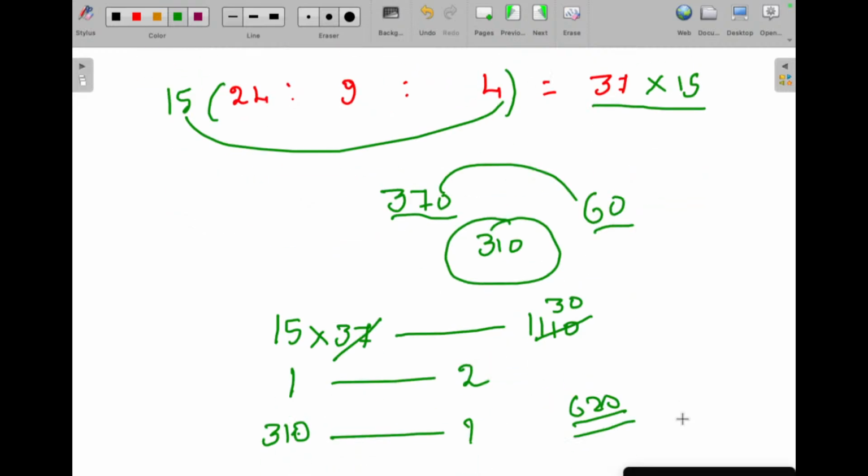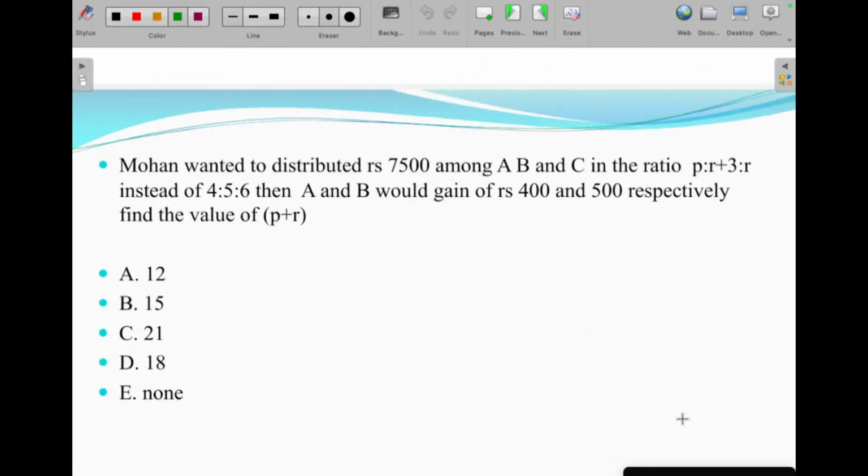Understood now? This part. Try the same type of question with a small change. Try this.